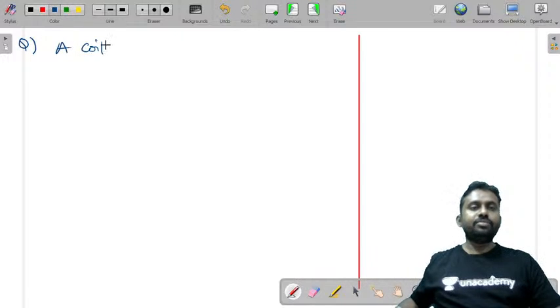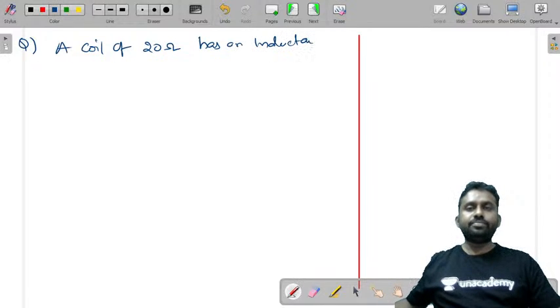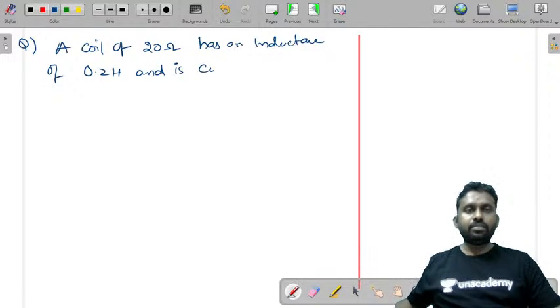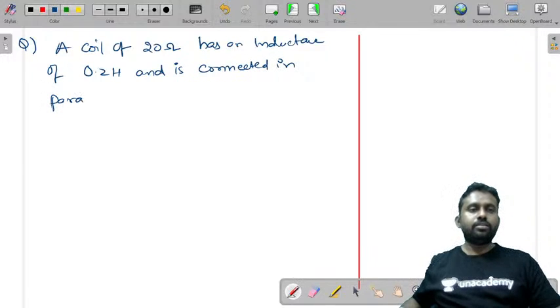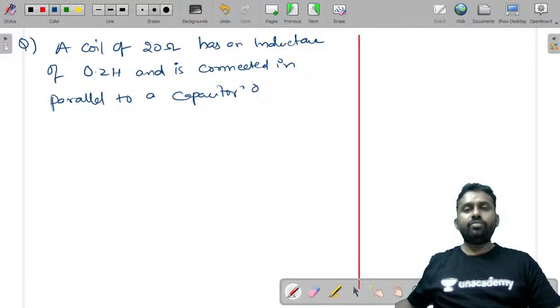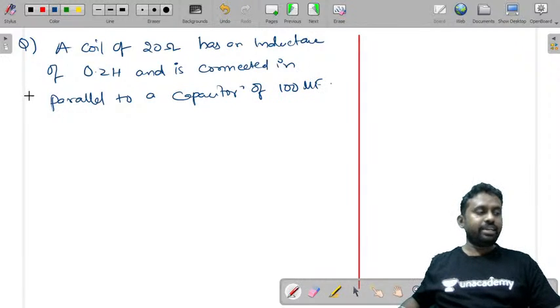A coil of 20 ohms has an inductance of 0.2 Henry and is connected in parallel to a capacitor of 100 microfarad.